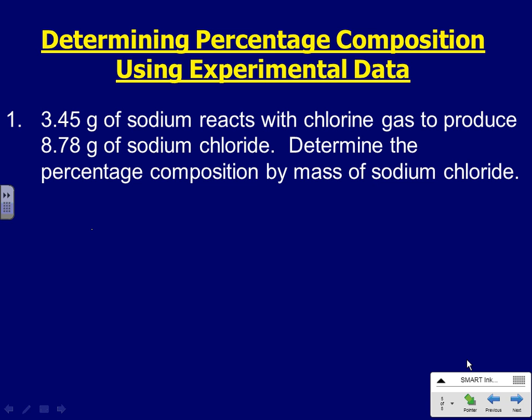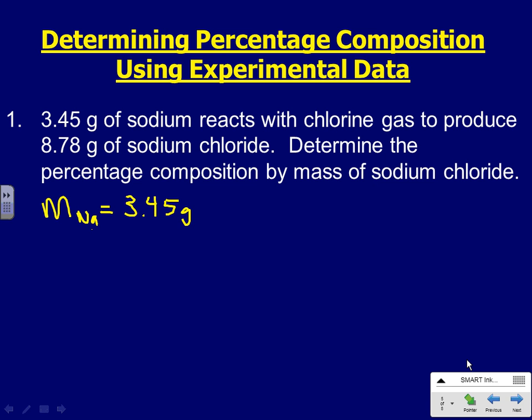We have 3.45 grams of sodium metal. It reacts with some chlorine gas to produce 8.78 grams of sodium chloride. Determine the percent composition. Well, what do we have in this question? We have a mass of Na that we started with, and that is 3.45 grams.